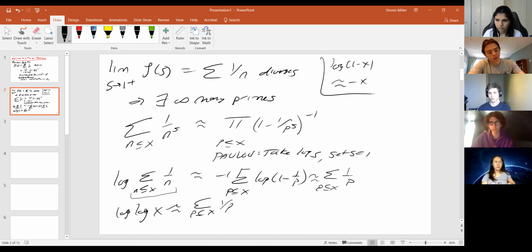This is very different than the sum of the reciprocals of the squares. The sum of 1 over n squared is pi squared over 6, that's finite. So there's a lot more primes than integers. Already we're getting a lot of information about the primes just by looking at what's going on when s heads towards 1.